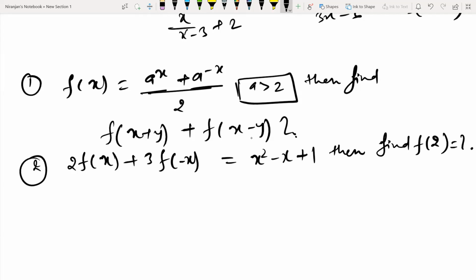Do you guys know greatest integer function, least integer function? Guys, do you guys know GIF or SIF? No, sir.